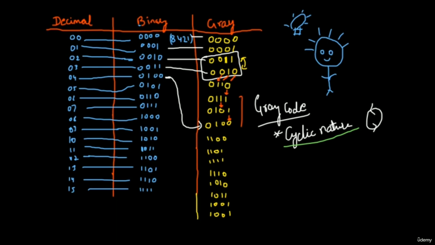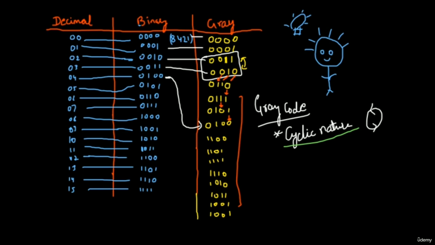That's how this is working. I hope you have understood the gray code in great detail now, and the gray code also uses the XOR table that we are going to learn in the digital logic design section for further clarification.